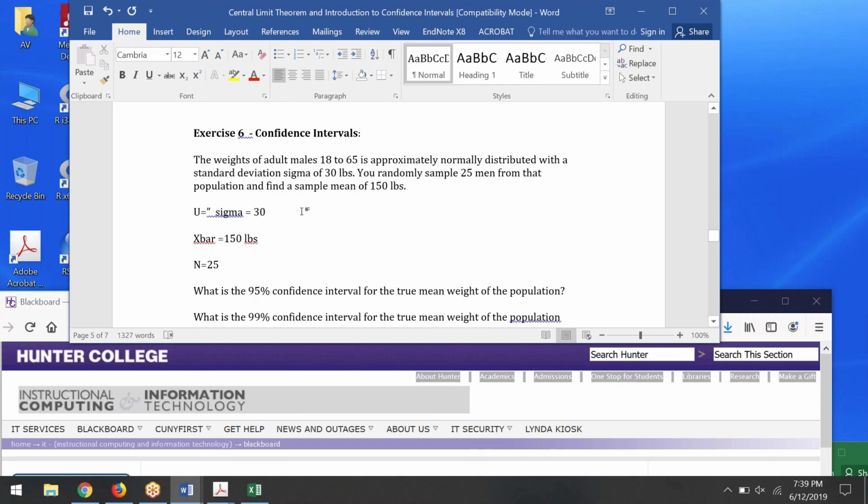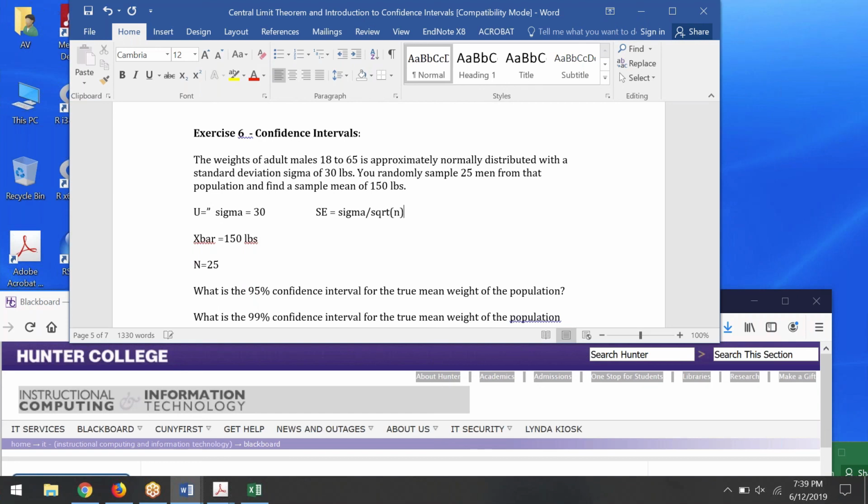And what that tells us is that if we were to take repeated samples of size 25 over and over again from this population, the variability in our sample means would be equal to, what's it going to be equal to? We call it standard error now instead of standard deviation. Standard error is going to be equal to sigma over the square root of the sample size.